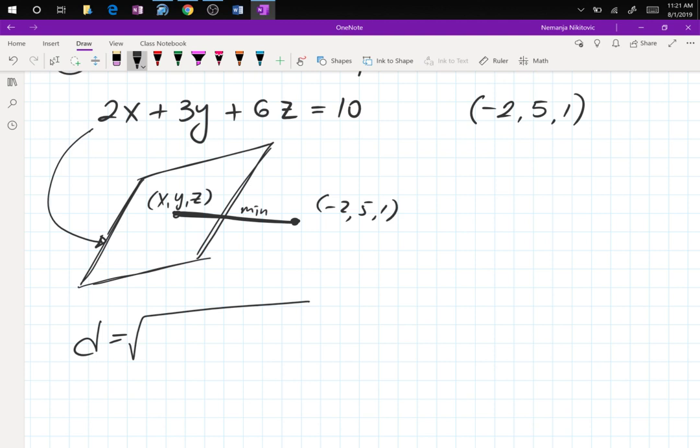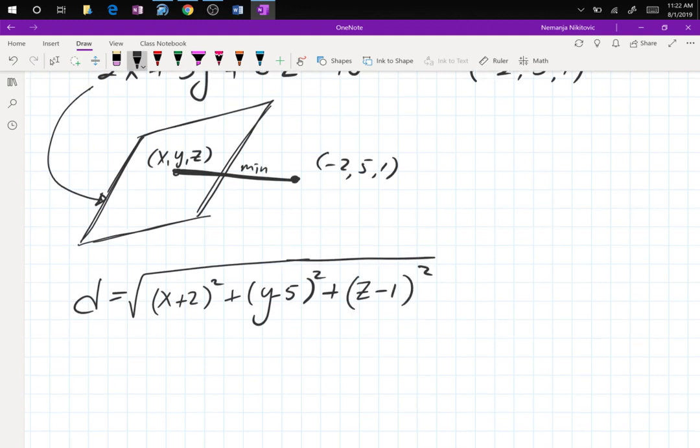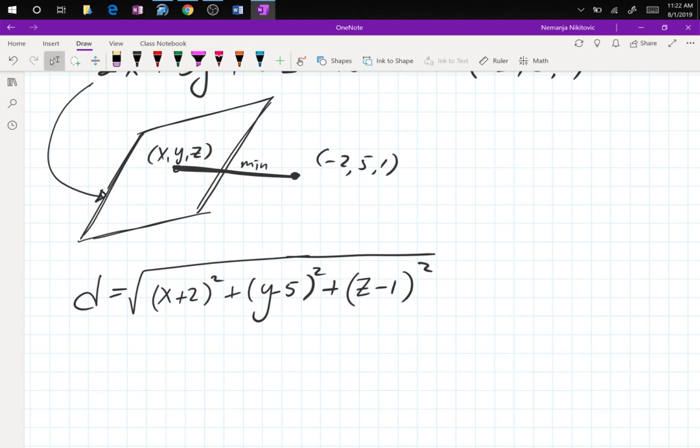We have x plus 2 squared plus y minus 5 squared plus z minus 1 squared, and that would be our distance formula.